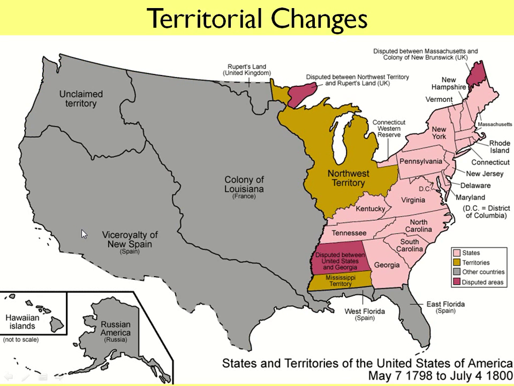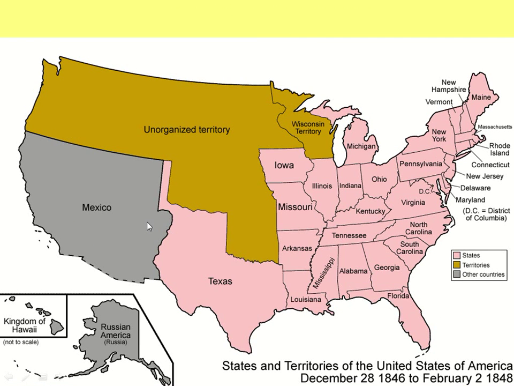If you go back, this is Spain, this is France. Well, now it's Mexico. In the 1820s, much of the Spanish Empire in Mexico and South America became independent. And the Americans took Texas, and that's going to lead to war with Mexico, which is going to lead to all the problems of the Civil War.